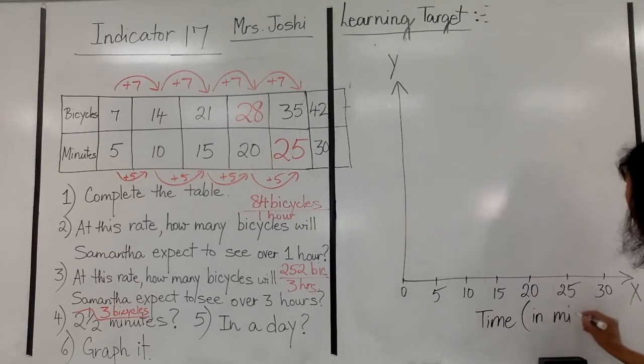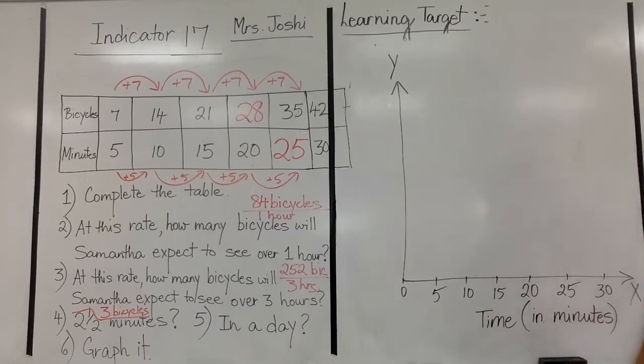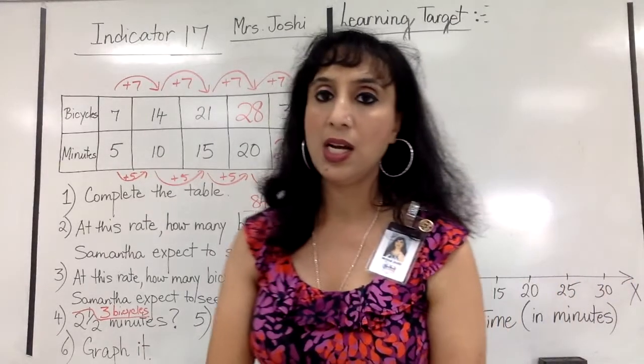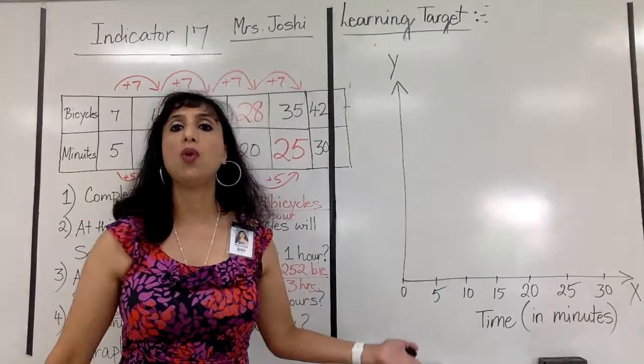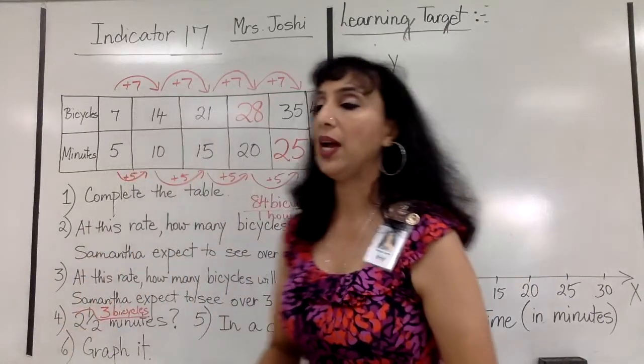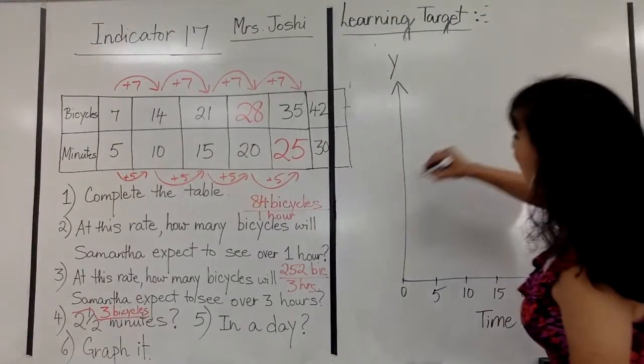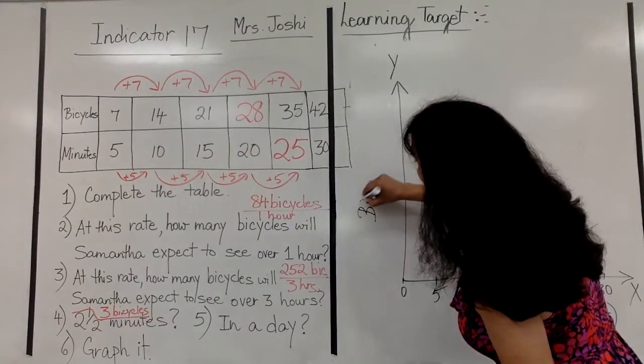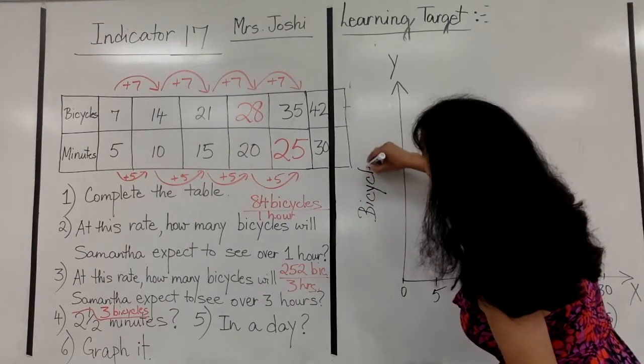in minutes. Please label your graphs, because without labeling, you will have points deducted. It's very important to know what is on the x-axis. So what are you comparing with what? And what is on the y-axis is the number of bicycles.